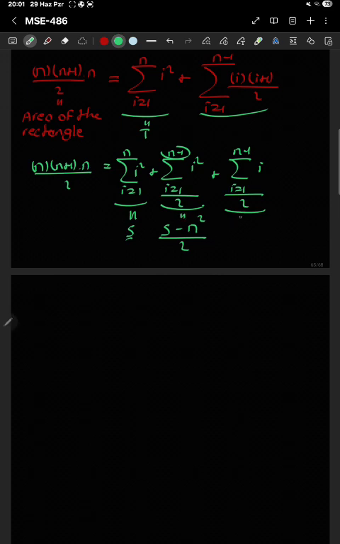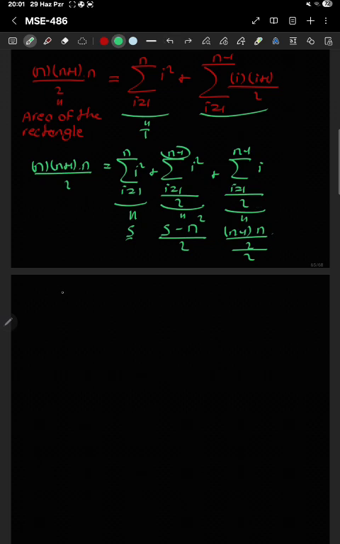So what is that? We have n minus 1 times n over 2, right? Since this is the sum of the natural numbers from 1 to n minus 1, over 2, and we have an extra 2 by this one.